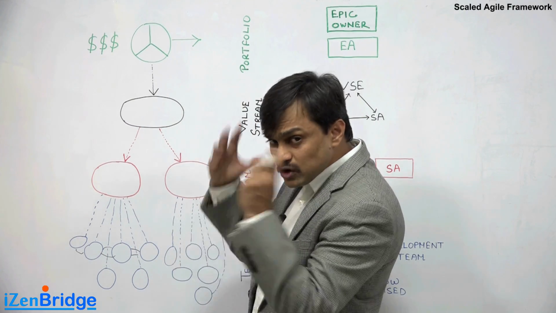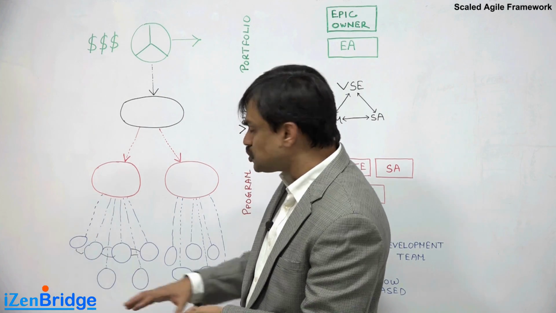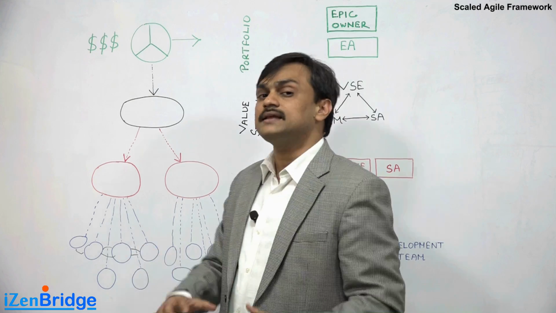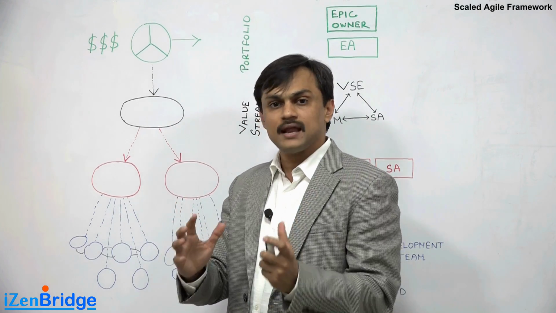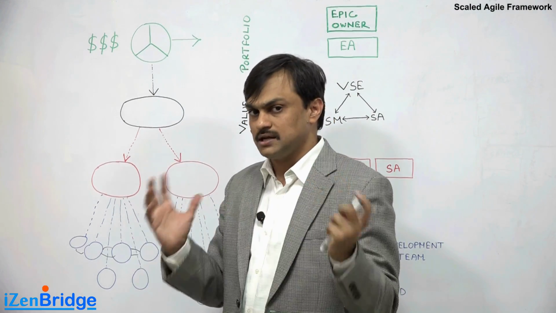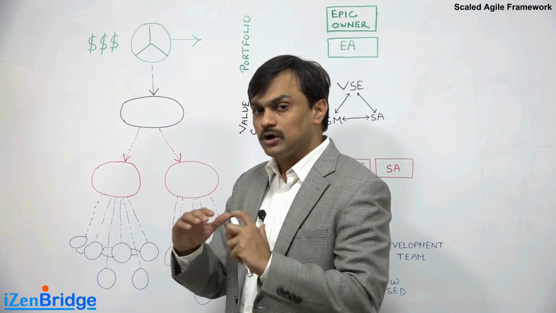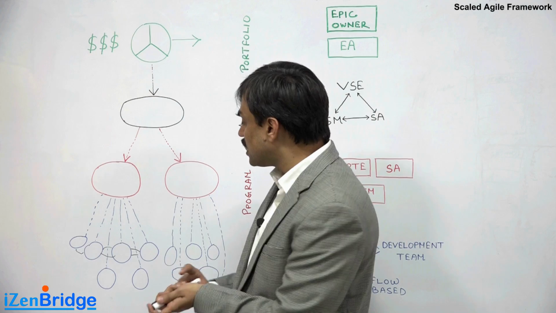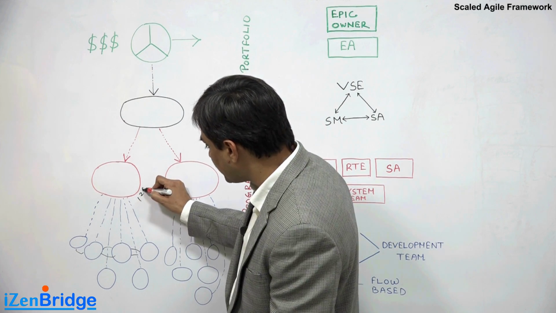In order to think of scaling, this size should not go more than 125 people. The way we say that in Scrum we can have 3 to 9 people in a development team, at the same level, when we think of one program team, this program team can go up to 125 people.